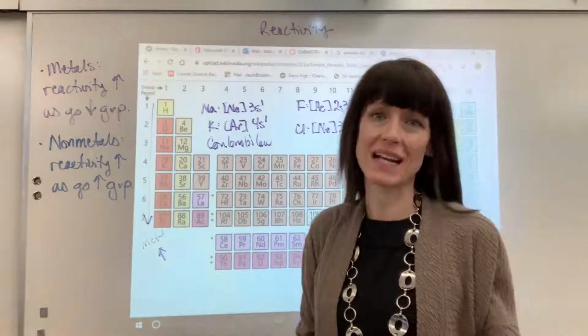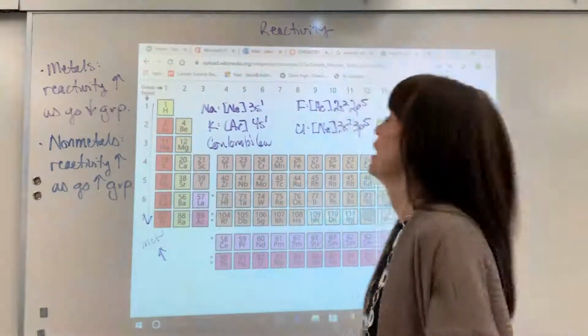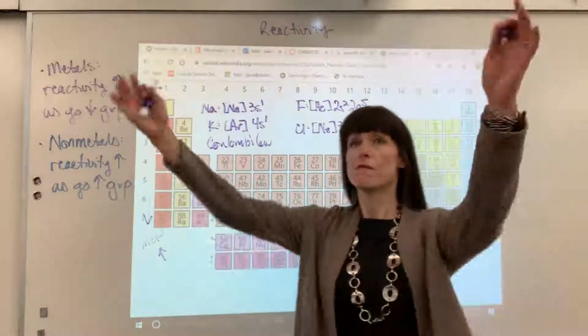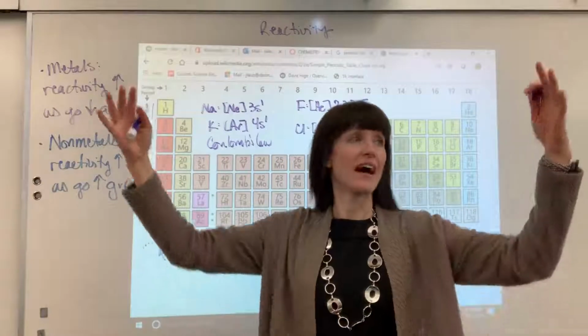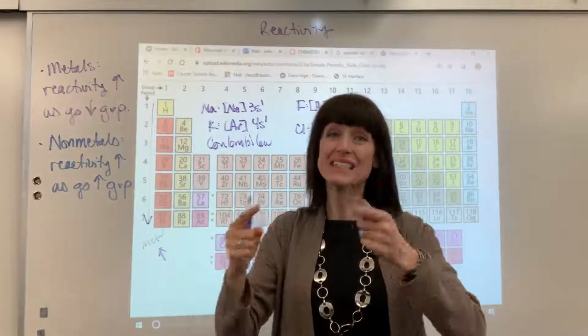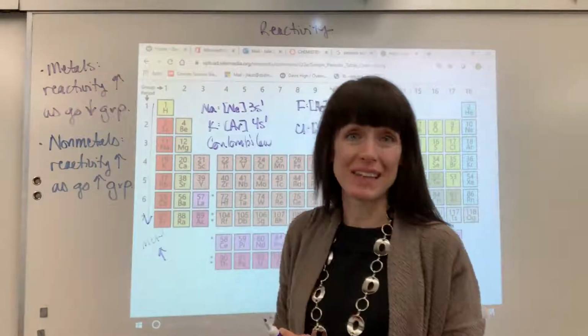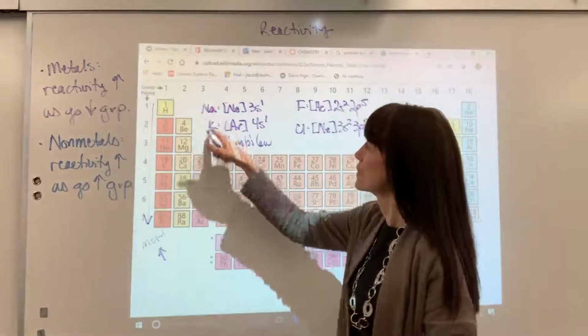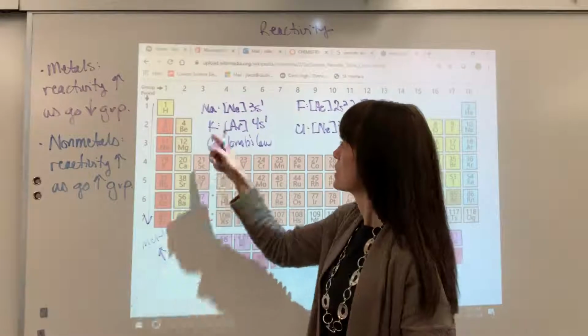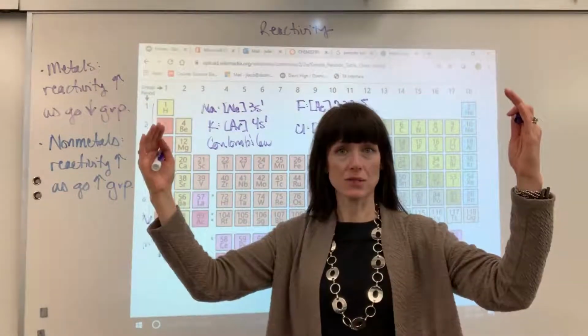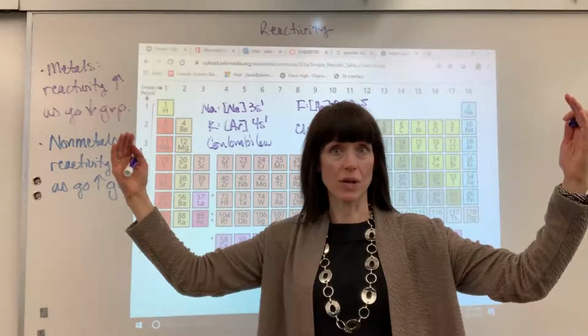Remember, metals, cations, lose electrons. And the further away a valence shell is, the easier it is to remove that electron, therefore the more reactive it is. If I'm looking at sodium and potassium, sodium is valence shell 3s1, potassium 4s1.